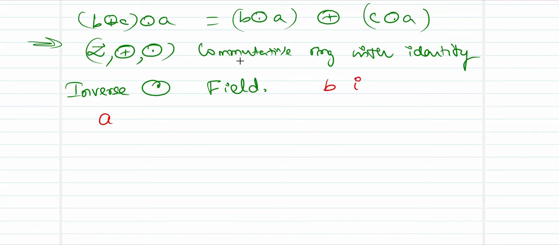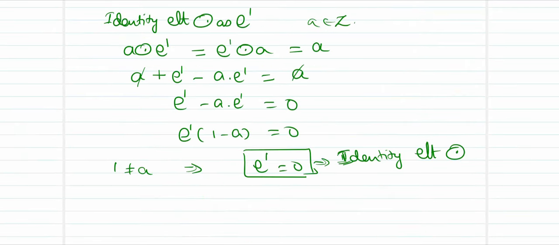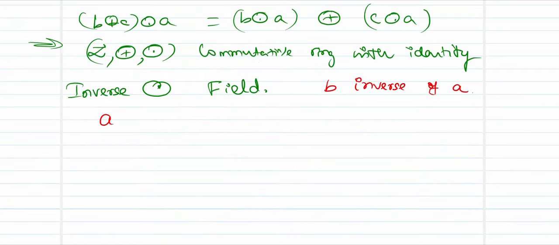Let me take B to be the inverse element of my element A. I know what the identity element is going to be: the identity element is going to be 0. So I know that A dot circle B must be the same as B dot circle A, and must give me my identity element E dash.